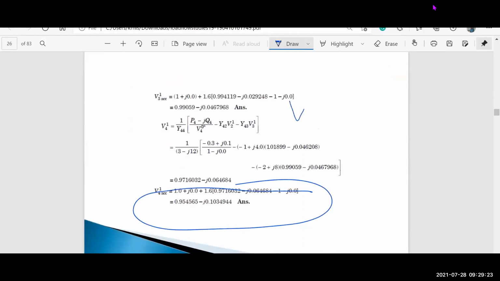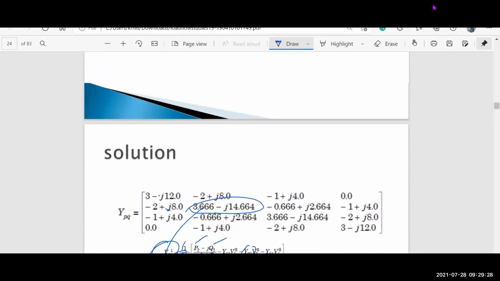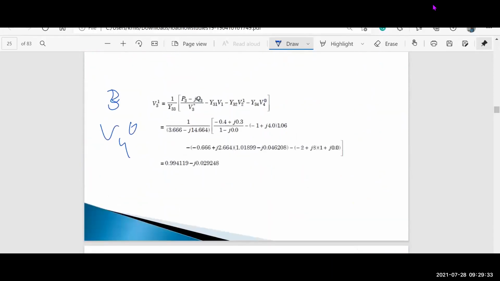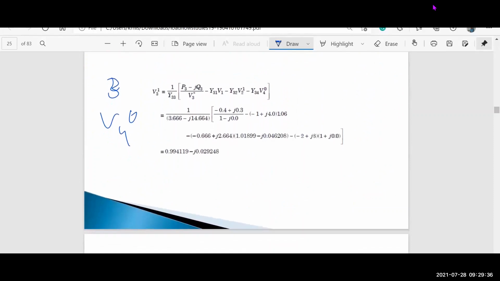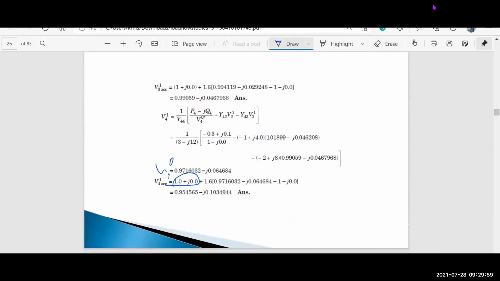In this, for the accelerated value, if the V4 0 value is being given over here, see, V4 value is given as 1 plus 0. The acceleration factor should be required with the present known value and it will be accelerated. See, this is a present value, V4 0.